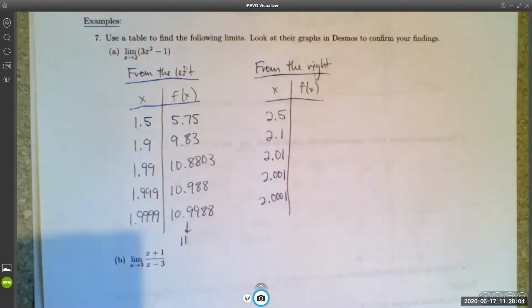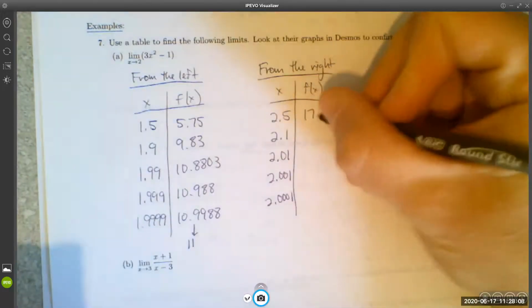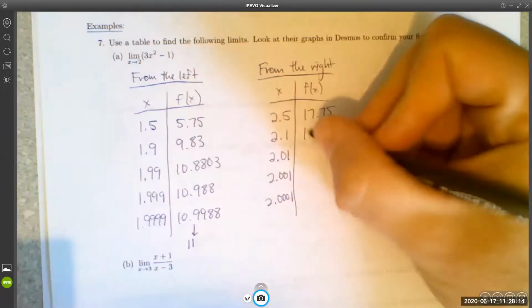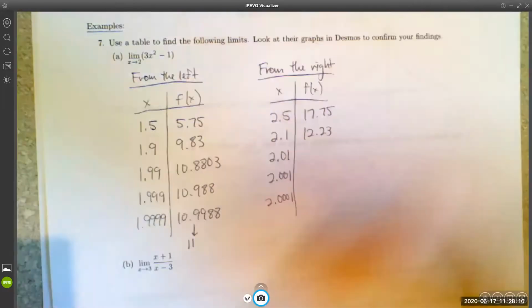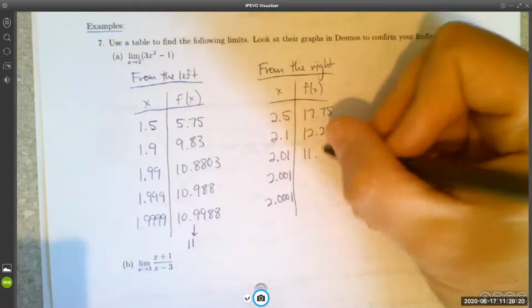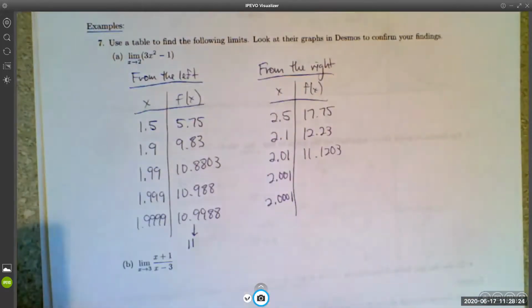If we plug in 2.5, we get 17.75. If we plug in 2.1, we get 12.23. If we plug in 2.01, we get 11.1203. Okay, so it seems like it's getting closer to 11.